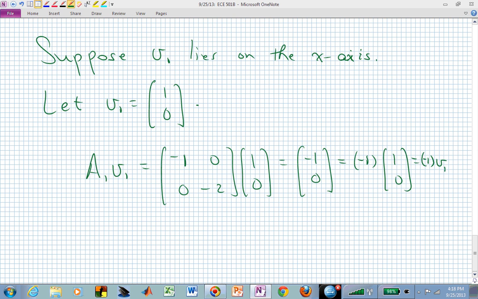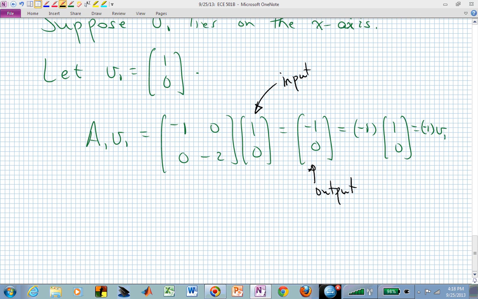So we now have A v1 equal to a number, lambda, times v1, where this is our input vector and (-1, 0) is the output, but that's just a scaled version of the input. It's scaled by this scalar -1.